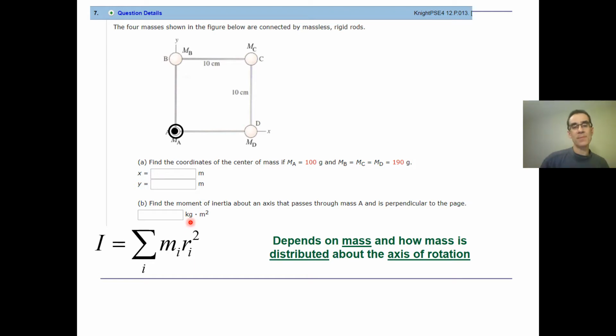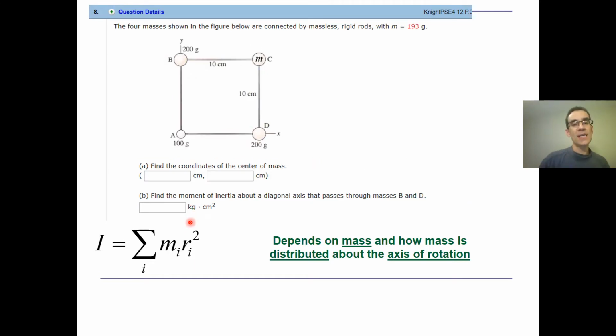The same problem is interesting because a subsequent problem asks, what is the rotational inertia for rotation about this axis? Now we're talking about rotation about a different axis. What counts here is the distance of this mass to this axis. That is what should go in here. One term. What is the mass?